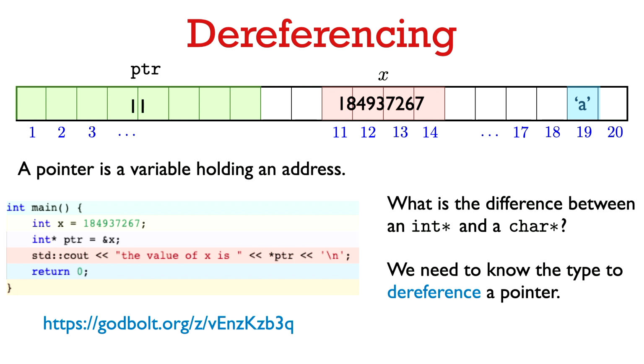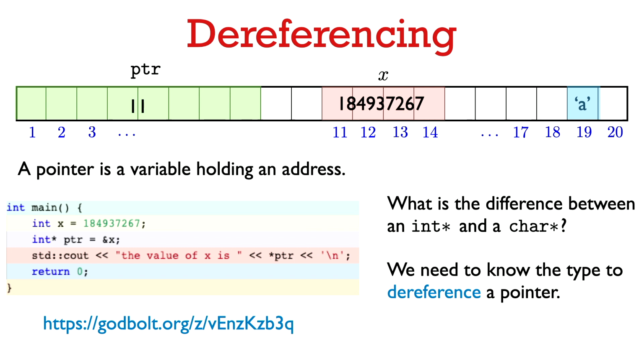So we need to know the type of the object the pointer points to for dereferencing. Okay, now as far as syntax goes, somewhat confusingly, dereferencing is done with a star as well. Don't confuse this with the star that we use to declare a pointer. It's really two different roles that the star is playing.